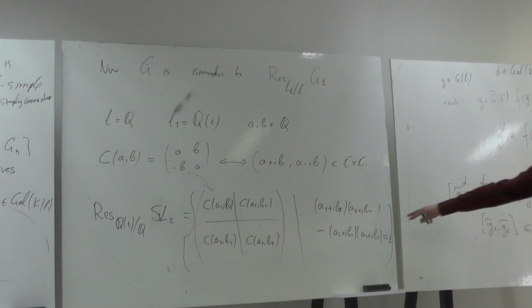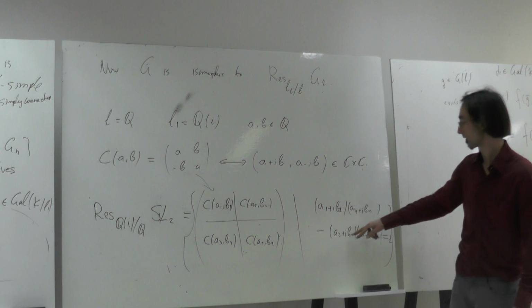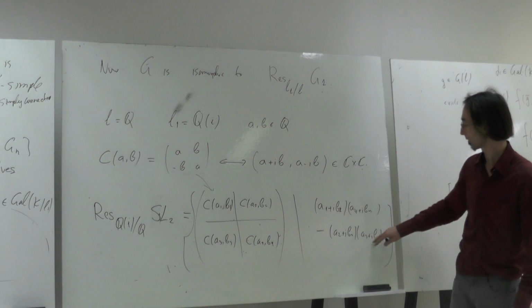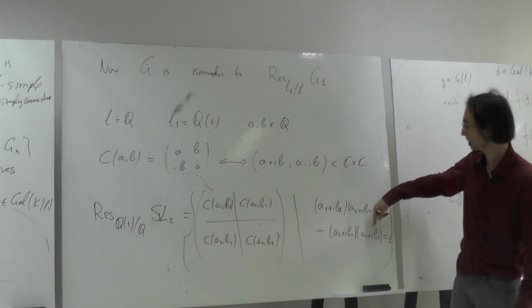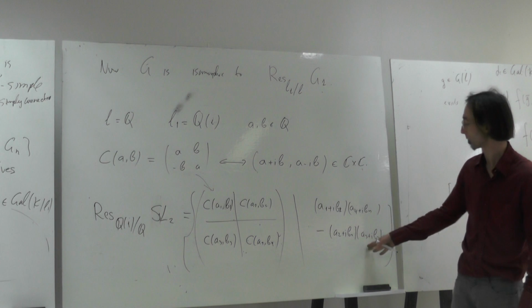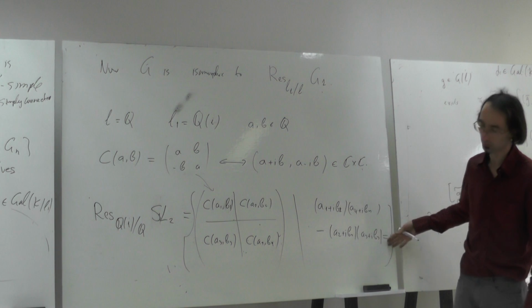We should think of this as a condition. This i here is just a dummy variable; these are actually two equations. One is that the real part of this complex number is 1, and the other is that the imaginary part is 0.